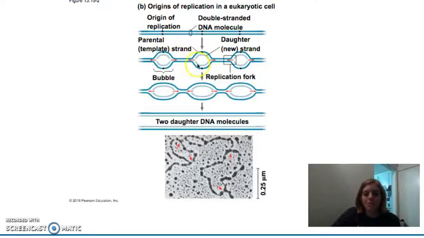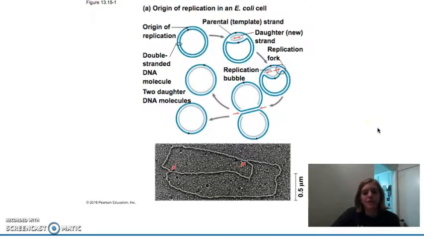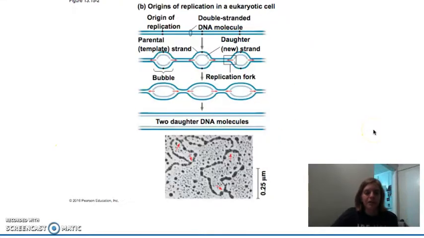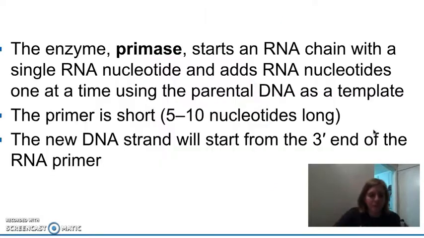So there can be multiple replication forks in eukaryotic DNA, with multiple replication events happening at the same time, as opposed to bacterial DNA, where typically there's only one replication bubble and fork, and it replicates fairly quickly. However, the linear DNA of the eukaryotic cell has many origins of replication, up to hundreds or even thousands, whereas the bacterial just goes around the circle.